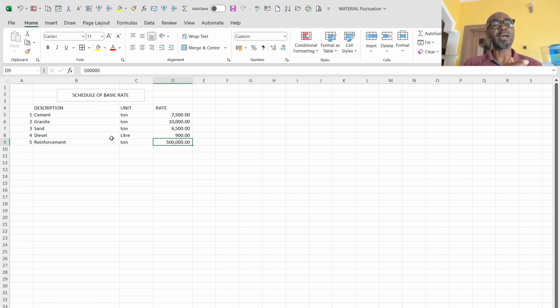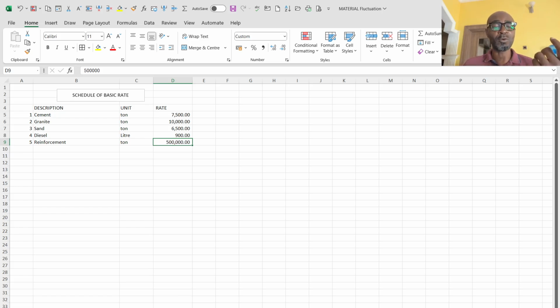At the time of tender, the cost of cement was 7,500, granite was 10,000 per ton, sand was 6,500 per ton, diesel was 900 per liter, while reinforcement was 500 per ton. And we are going to take the month of September in review, to see what happened in that month.